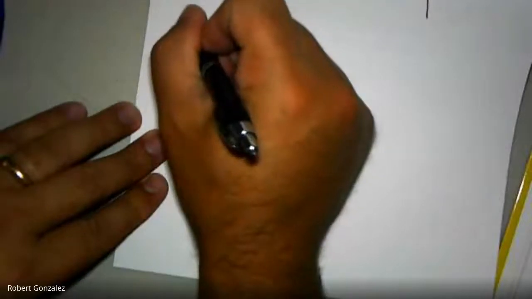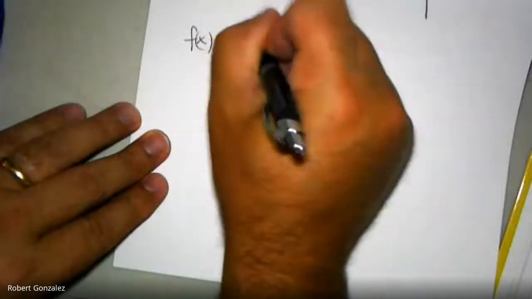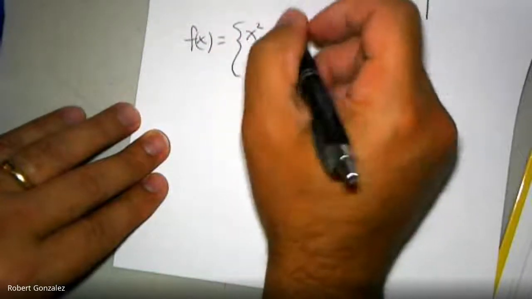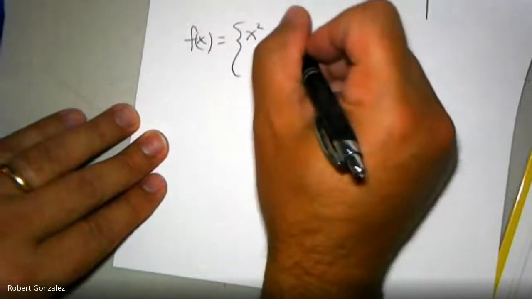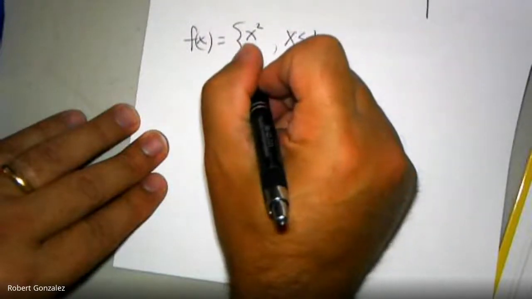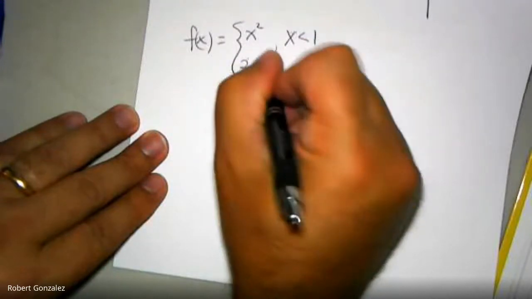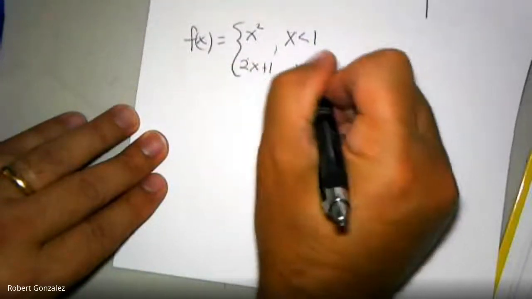Okay, let's do f of x equals x squared for x is less than 1. And let's say it equals 2x plus 1 for x greater than or equal to 1.